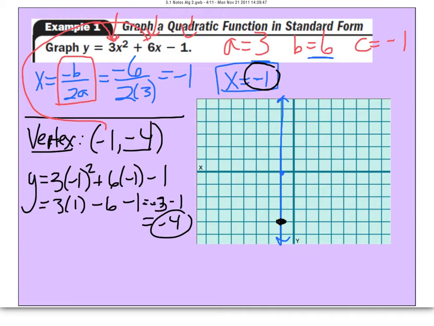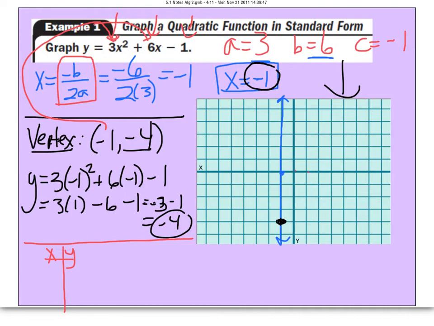Okay, last step says pick 2 points on one side, and I'm going to choose this side, and I get to pick what I want. It doesn't matter. So I'm going to go here and make my table of values, x and y. Why don't I try what if x was 0 and what if it was 1?